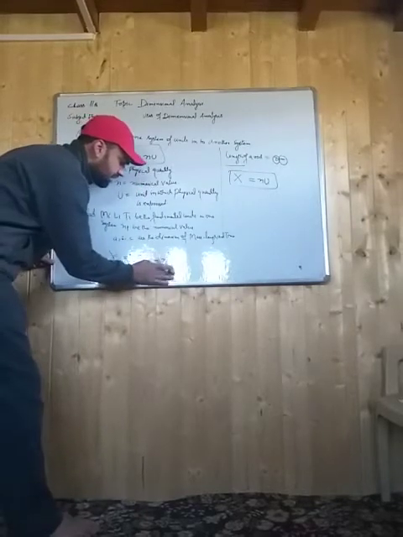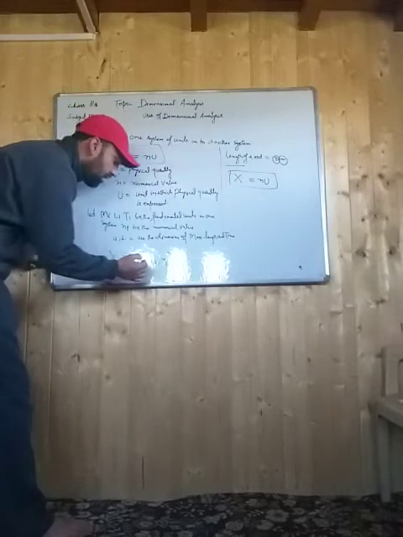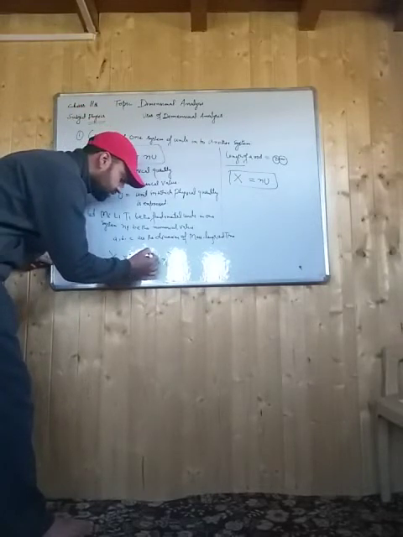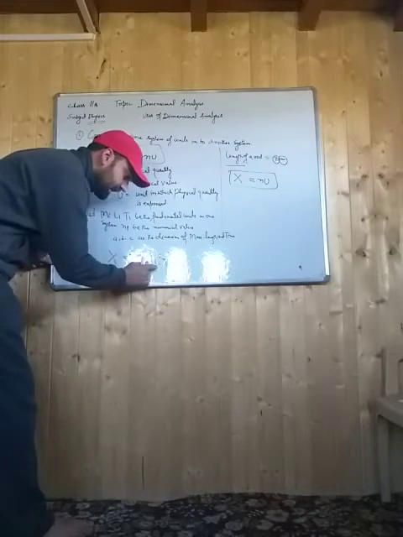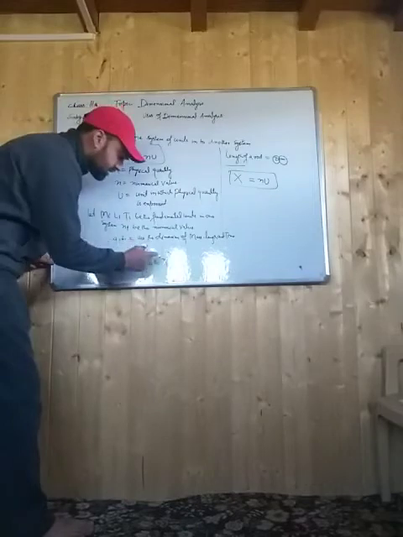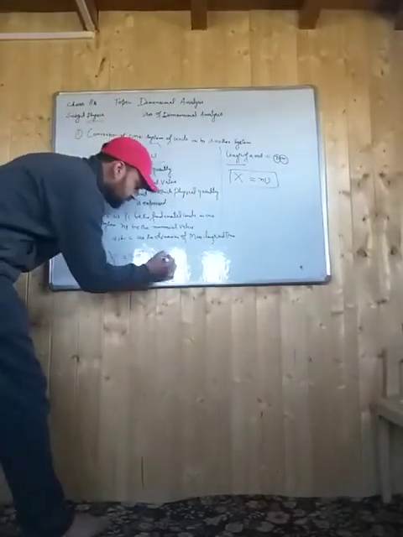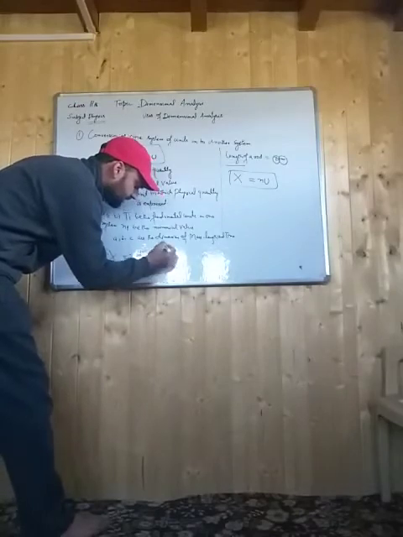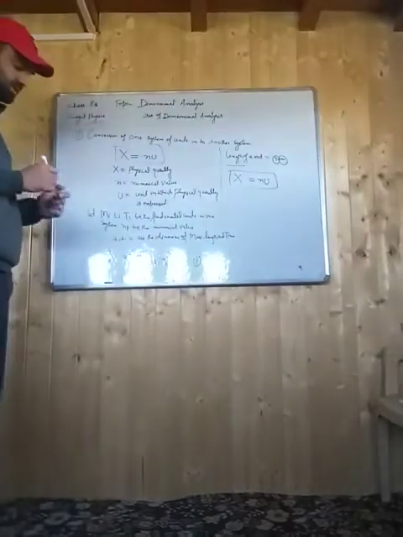Mass is present in a powers, so we write it as a. Length is present in this physical quantity in b powers. Time will be c. So x = n1 m1^a l1^b t1^c. This is the first equation, in one system of unit.